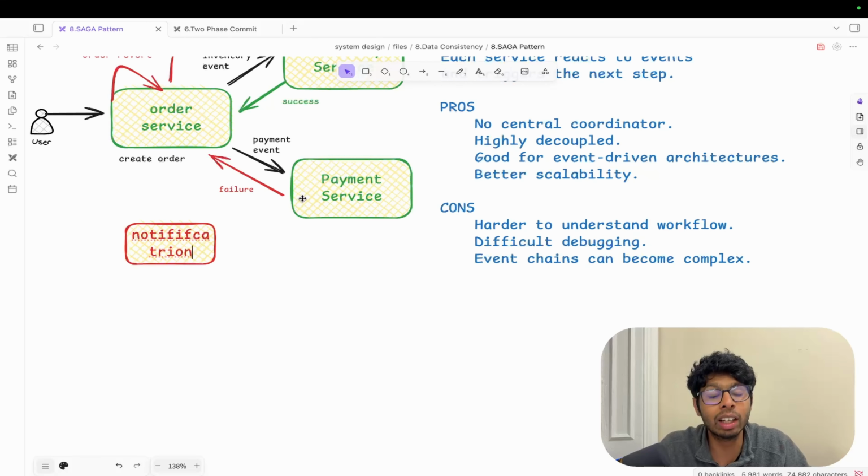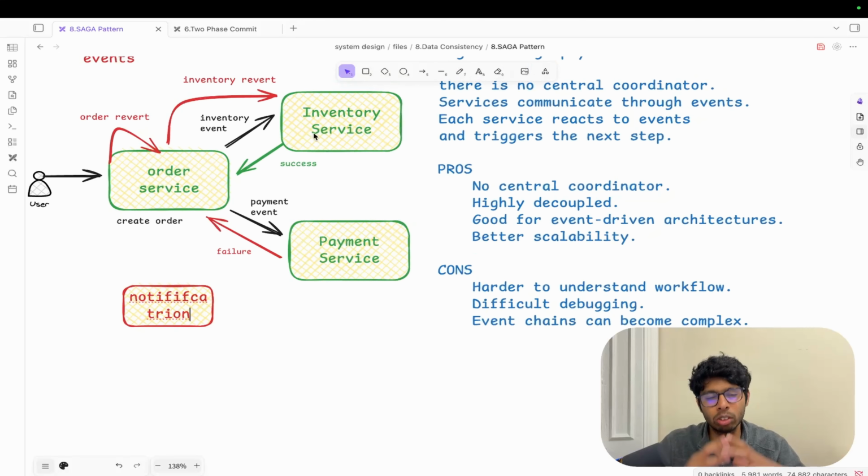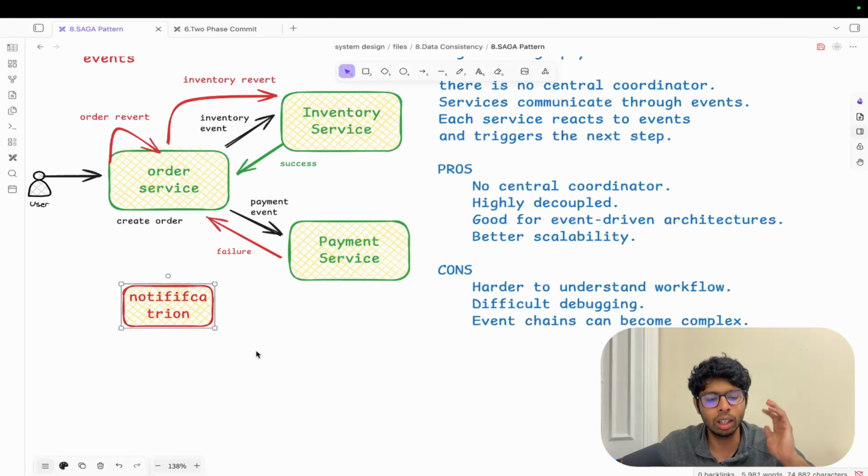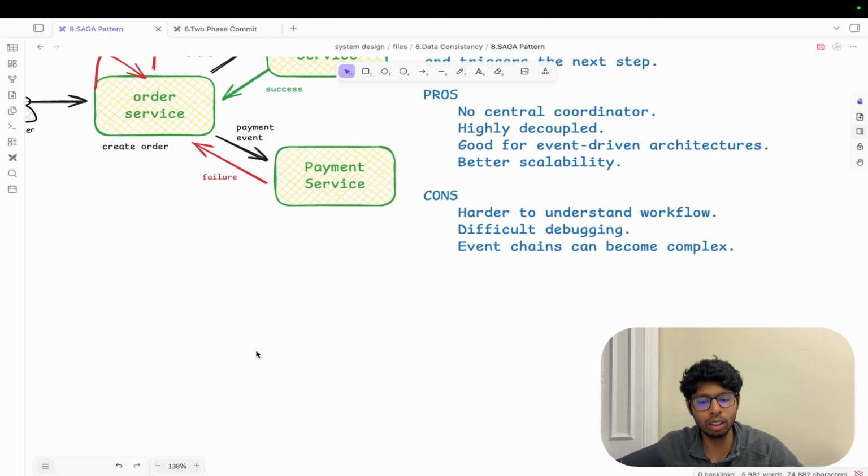Should we connect it with the payment service, the order service, or our inventory service? We have to change our diagrams and our workflows if new services are added, and if one service is leaving, anything can happen. So this is a problem with our Saga choreography pattern.